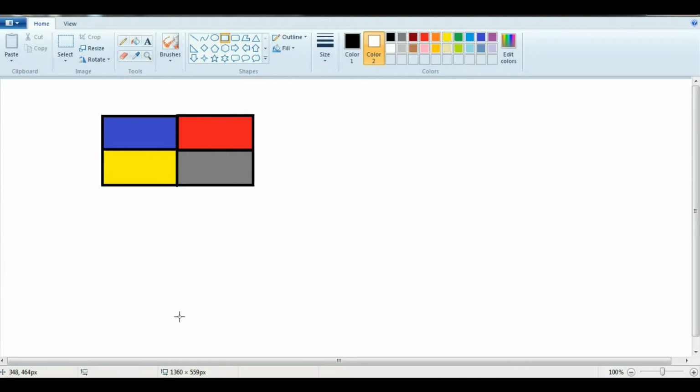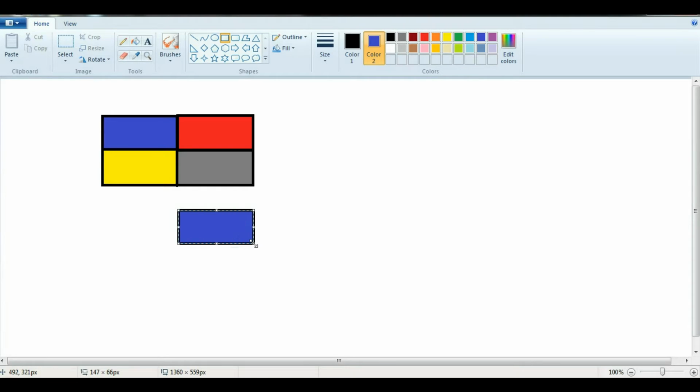Alright, so another way of thinking of sampling is, let's say that we have to select people from the 4 colored areas shown: the blue area, the red area, the yellow area, and the gray area. So let's just say we're going to do a sample, and there's my sample.